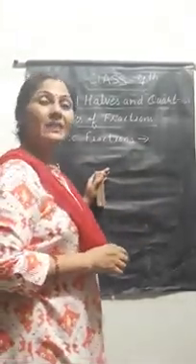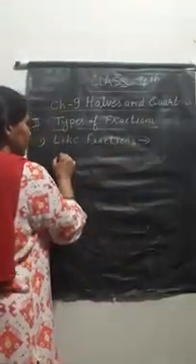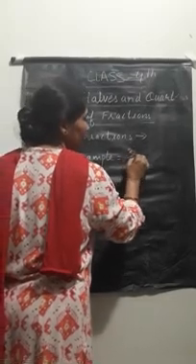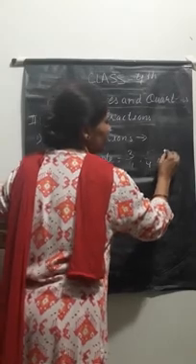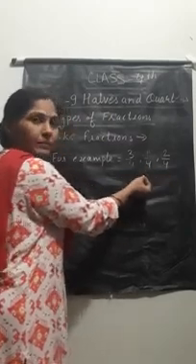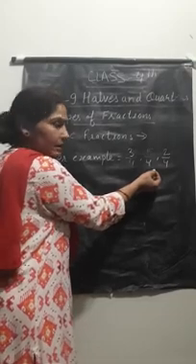Fractions which have the same denominator are called like fractions. For example, 3/4, 1/4, 2/4. Here we can see the denominator is the same. So this type of fractions are called like fractions.